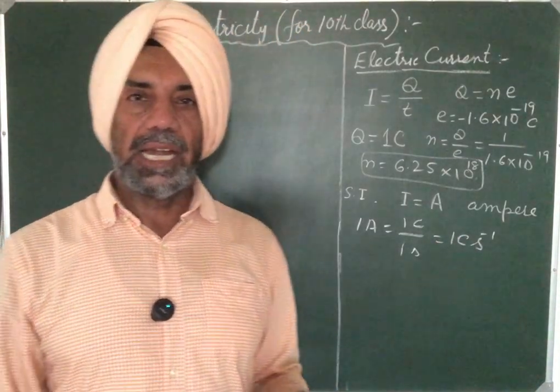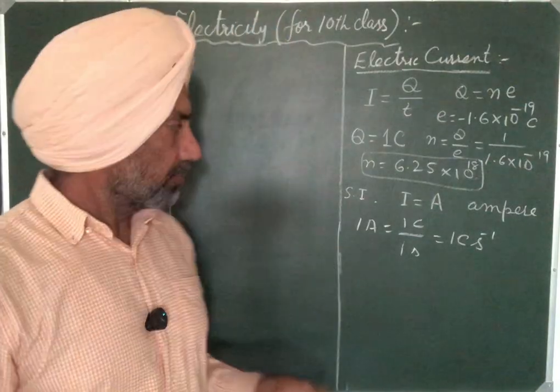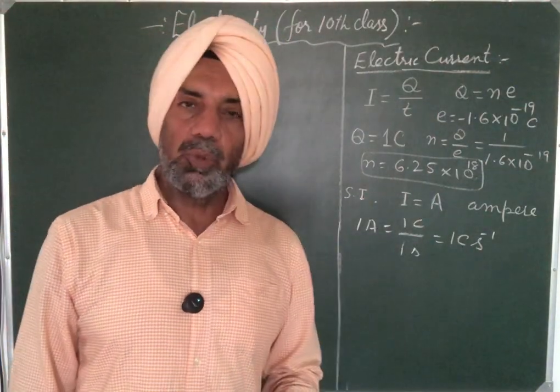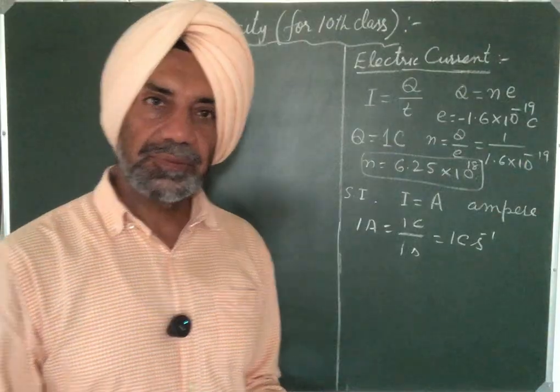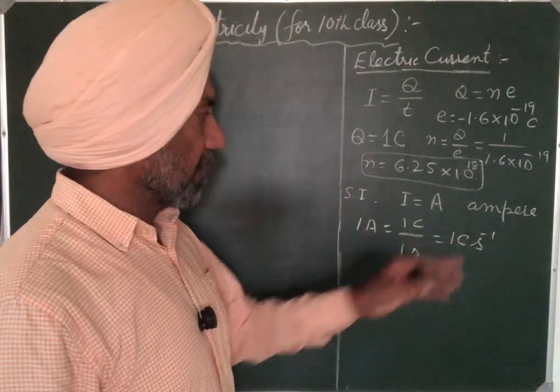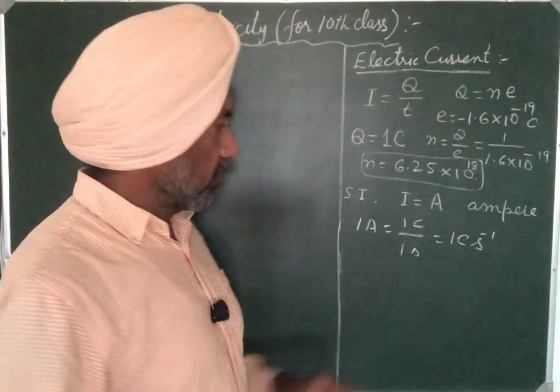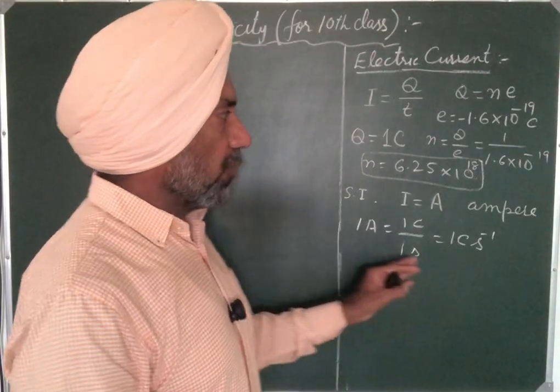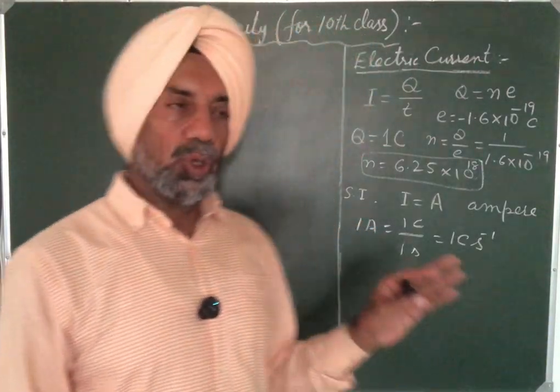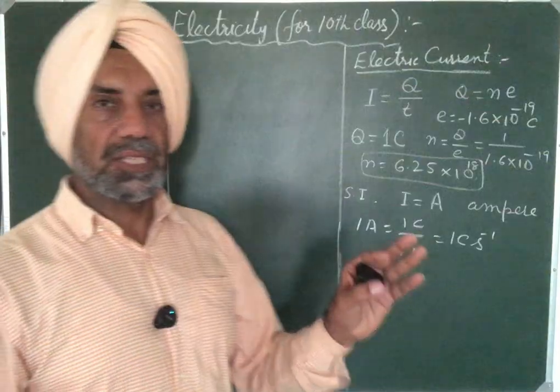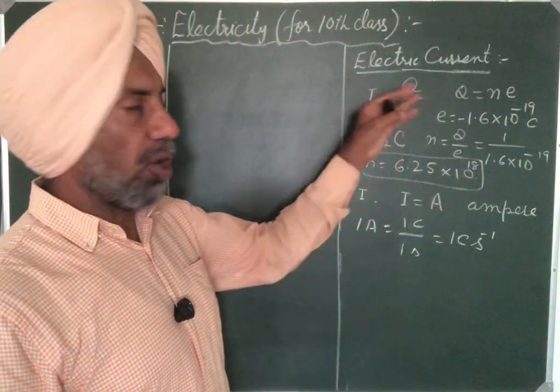So electric current is said to be 1 ampere when 1 coulomb of charge flows in 1 second. So ampere is the unit of electric current in SI system. Coulomb is the unit of charge in SI system. Current is the rate of flow of charge.